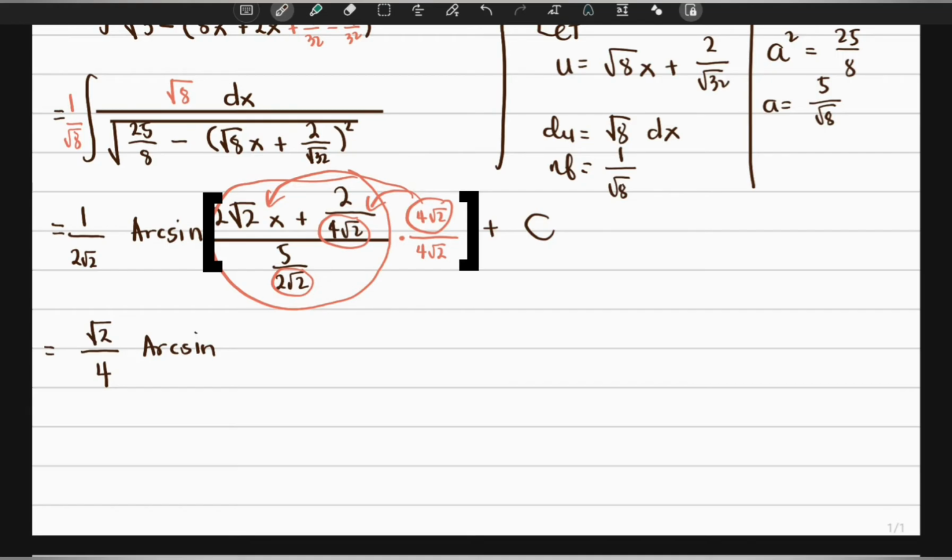We have 4 times 2, 8 times 2, 16. 16x plus 2. And then, all over 5 times, mag-cancel na yung square root, no? 10 over 10 plus c.